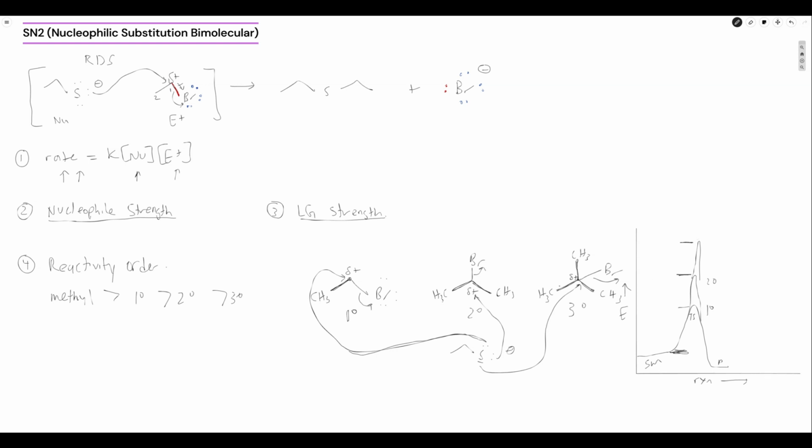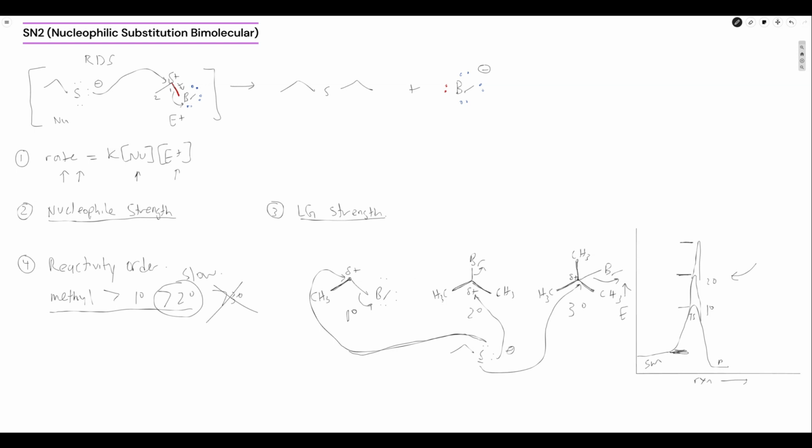And this is why you basically don't see SN2 reactions happening in tertiary systems. You can see them in these, and this one, secondary, is going to be generally slow. And we can explain that slowness right here. It's got a higher energy barrier to get over in order for starting materials to go to products. And this is the reason.